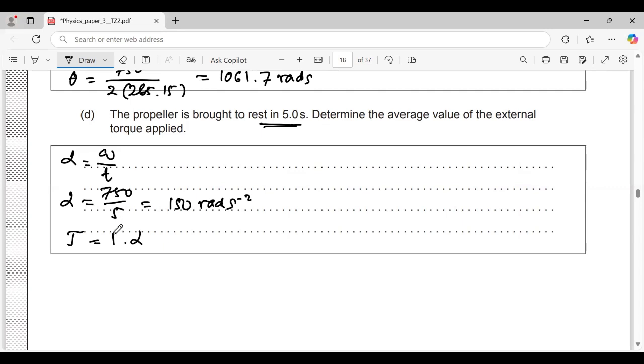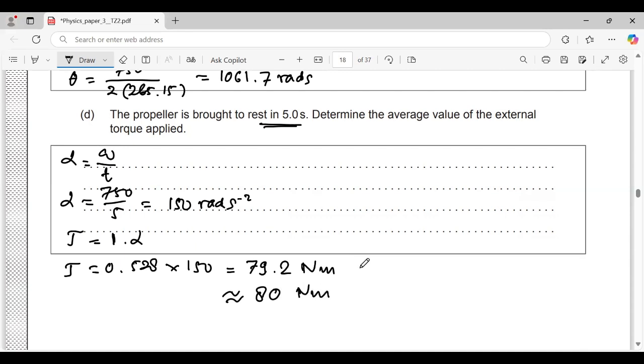I is the inertia and alpha is the angular acceleration. So tau equal 0.528 times 150, and it is 79.2 Newton meters. Round off becomes 80 Newton meters.